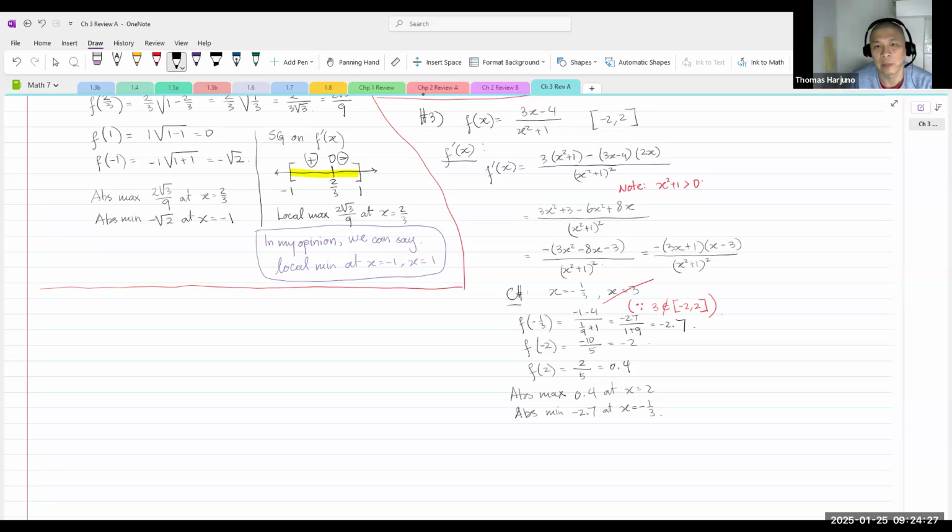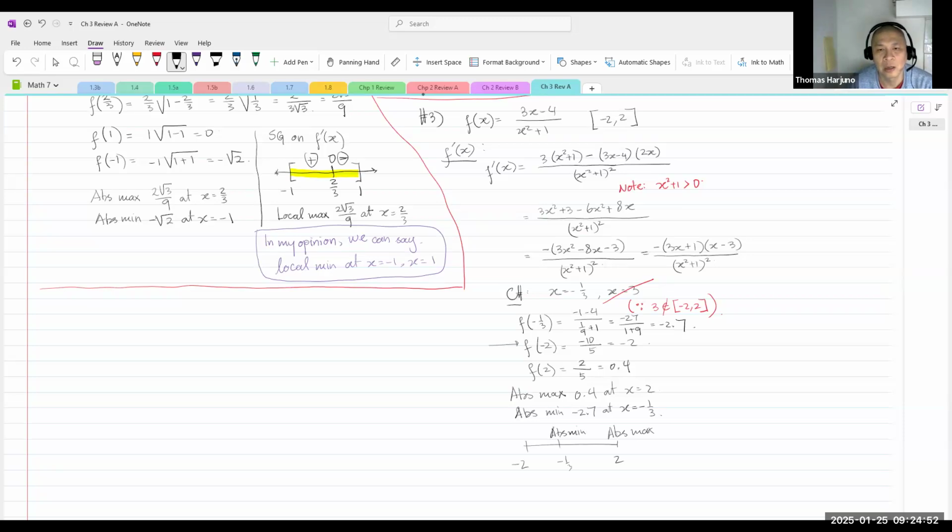The thing is, what happened at negative 2? By simple observation, at negative 2, negative 1/3, and 2, this is the absolute max, and this is the absolute minimum.